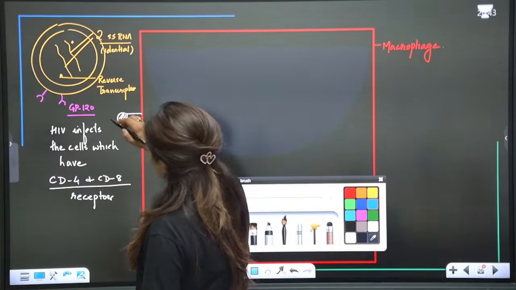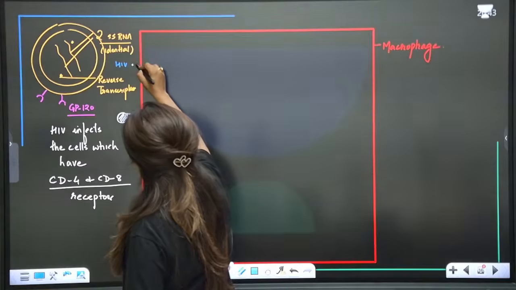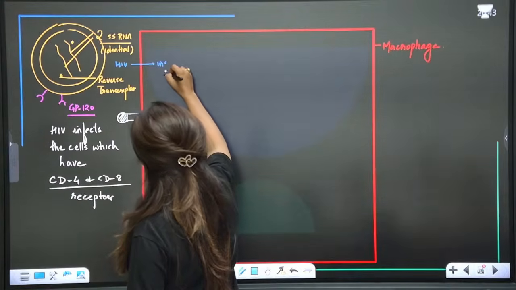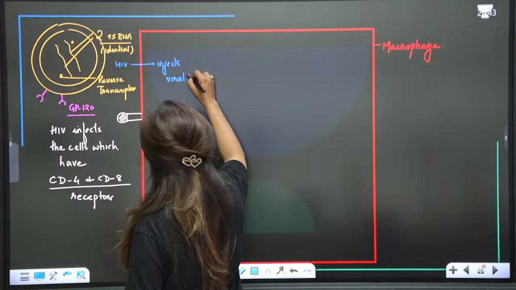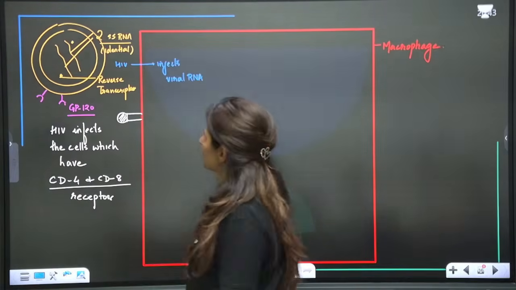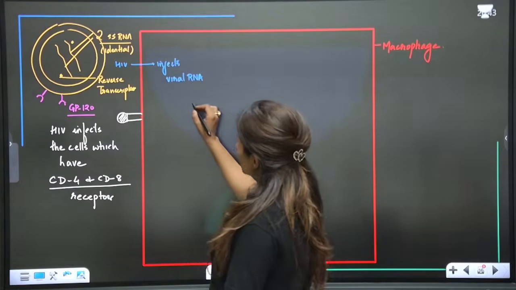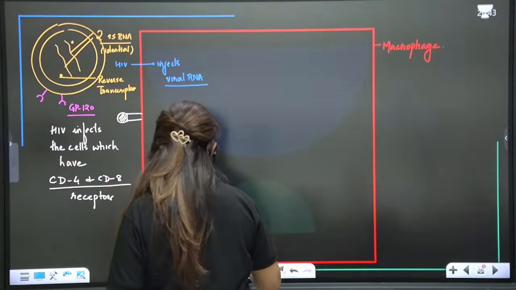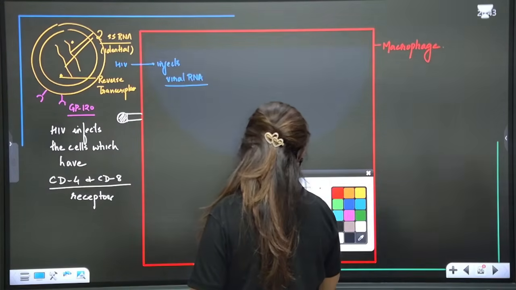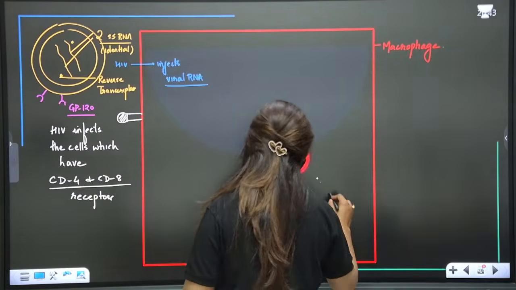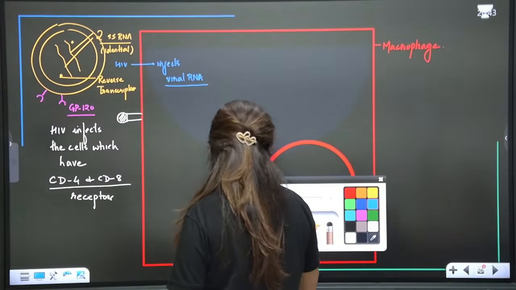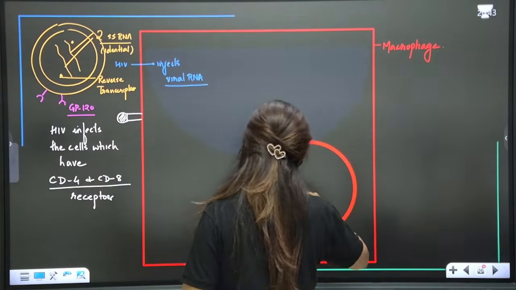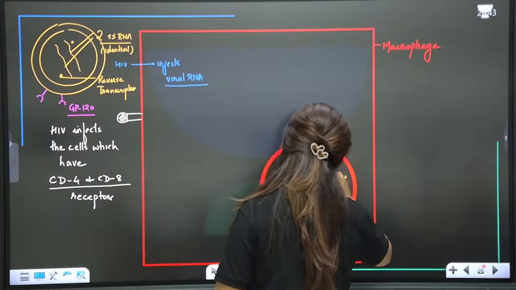Now, like any other virus, this HIV also injects the viral RNA into the host cell. Is that clear? So when this viral RNA enters, see, this is the macrophage, and this is our DNA, the host DNA, right?